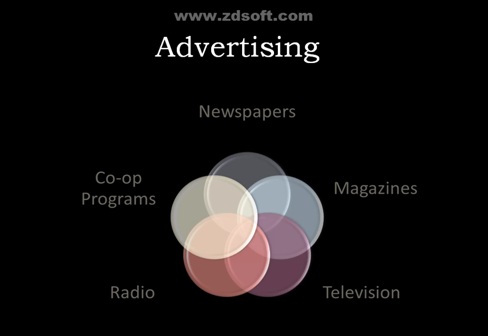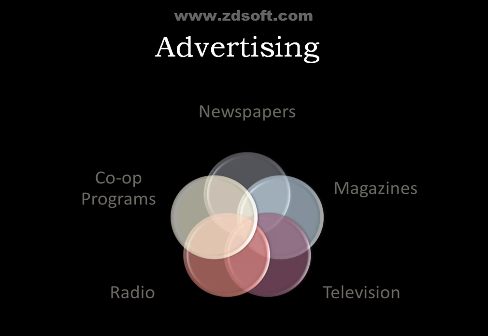So radio can also be used by retailers to communicate with the customers. Then cooperative programs. Cooperative program means manufacturer, vendor and retailer together organize and advertise. That is quite possible. So these are the different methods of advertising adopted by retailers to communicate with the customers.